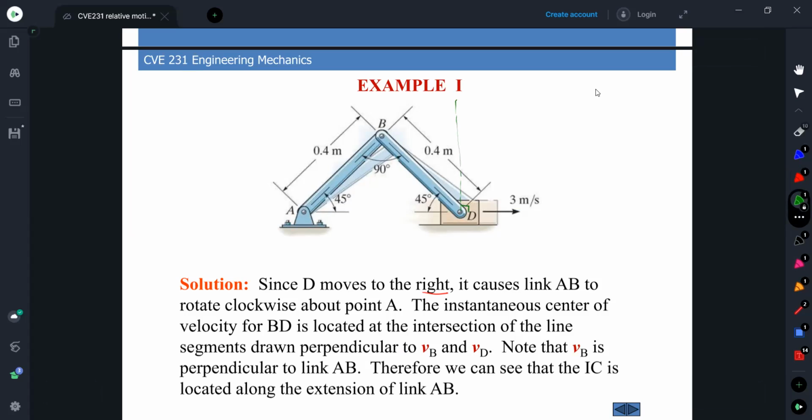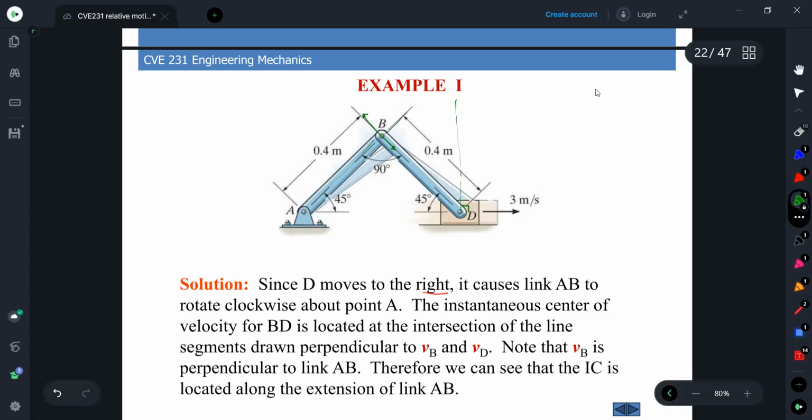Link BA has a rotation about a fixed axis, so B should have motion along this direction.